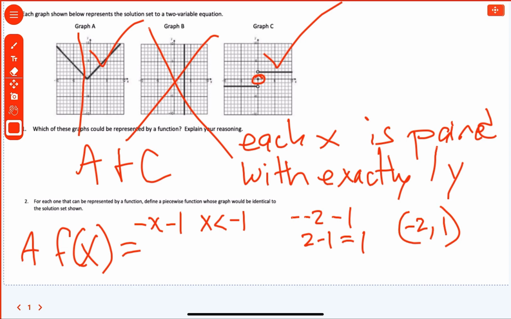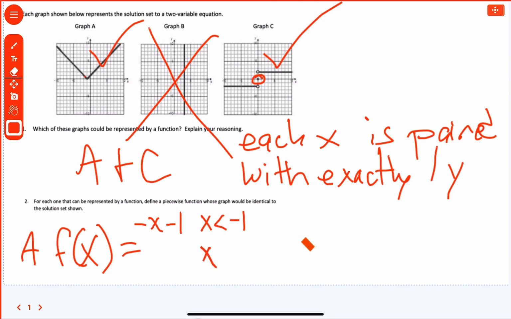Is that a point? Negative 2, 1 on this graph? Yes, that is our point on that graph. So that is a true statement. Now, let's look at all of those to the right of that point. So that would be when x is, now this one's going to be considered greater than or equal to negative 1.